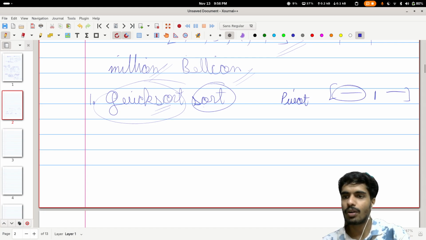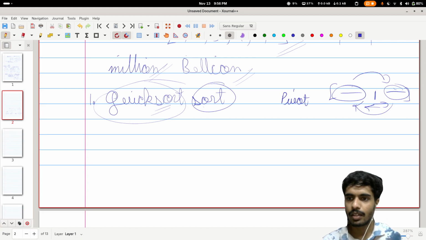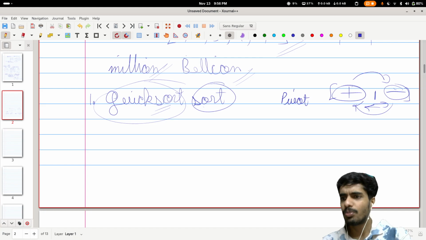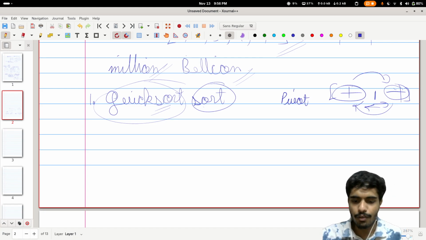Those two halves are compared, and the pivot moves left and right according to the data, and then new pivots are assigned in the next iteration and so on. So quick sort sorts the data sets in an efficient way, right?